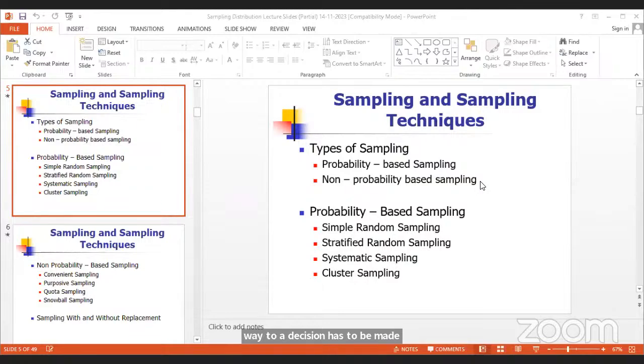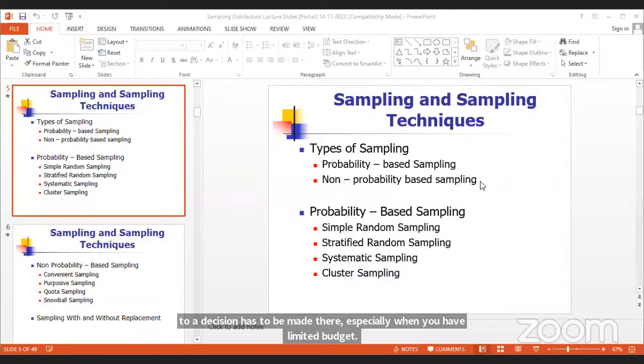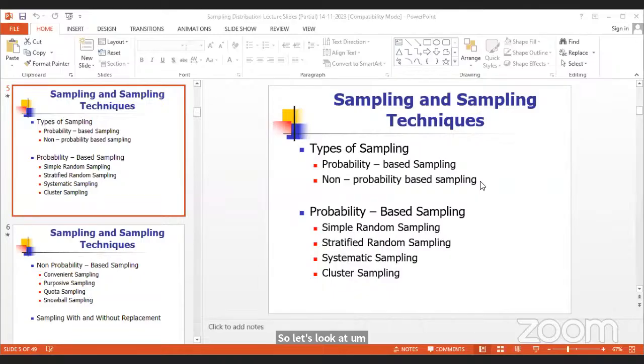So let's look at systematic sampling. There are times that your selection is done in such a way that you select at regular intervals. You can select maybe two steps away, you can select five steps away, you can select different steps away.